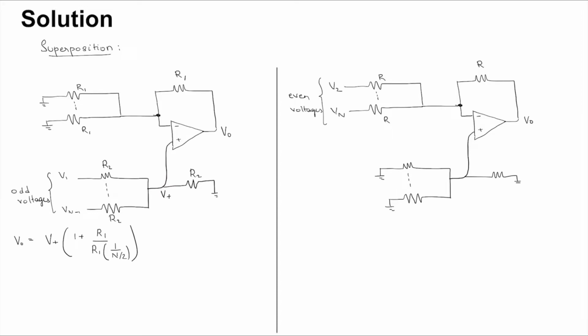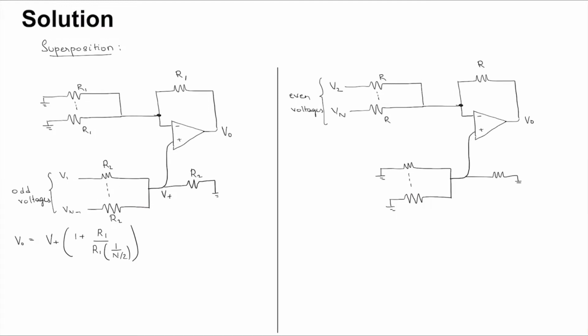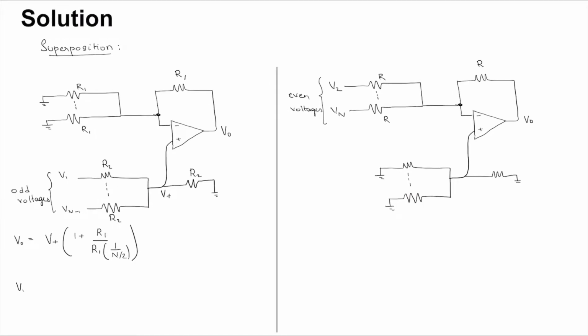So you can get V plus using just a simple KCL, right? The incoming currents will be V1 minus V plus by R2, plus V3 minus V plus by R2, and so on till Vn minus 1 minus V plus by R2.